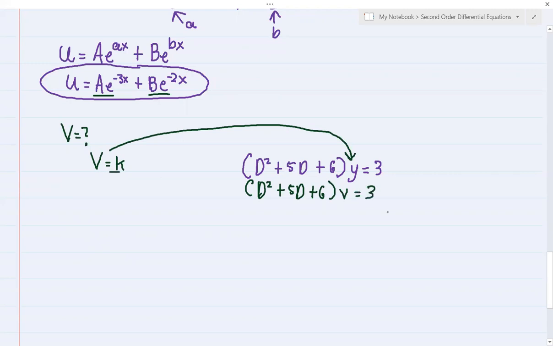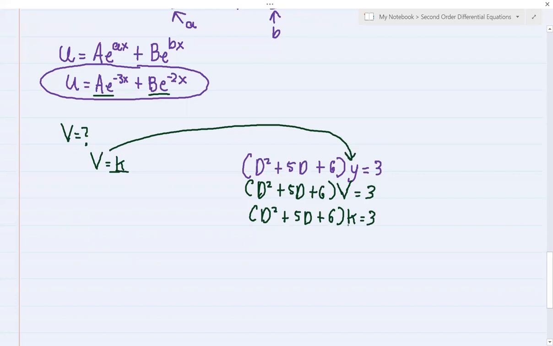And since your V is equal to your K, therefore you're going to substitute your V as your K. So we will have D squared plus 5D plus 6 times K is equal to 3.